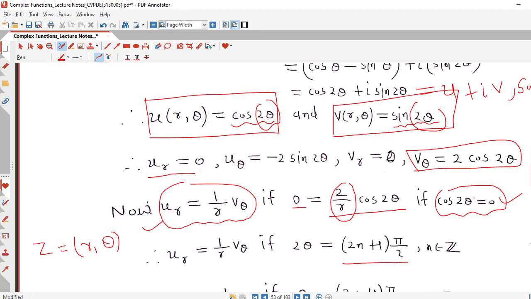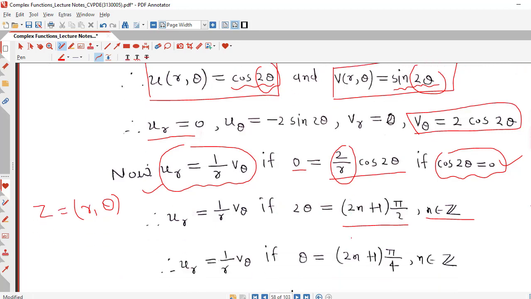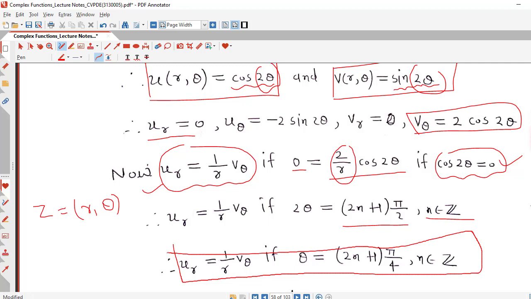If 2 theta is an odd multiple of pi by 2, that we can denote by 2n plus 1 into pi by 2, then cos 2 theta is 0. So this equation is satisfied if 2 theta is an odd multiple of pi by 2. And if we take this 2 on the right hand side, we can say that this is satisfied if theta is an odd multiple of pi by 4, where n is any integer.